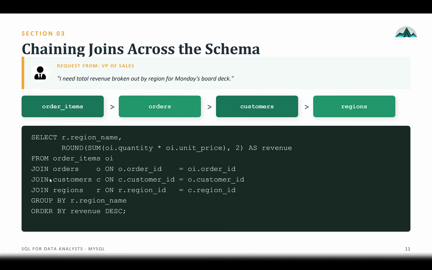Here, I did not add the inner, but by default, it's an inner join. We brought back the region and the revenue. In our example, we brought back average price and the total quantity. But this is going to give you an easy way of answering this question, so you would be able to give the VP of sales the total revenue broken out by region for the deck on Monday.